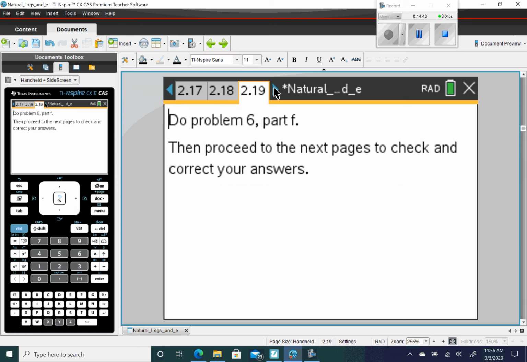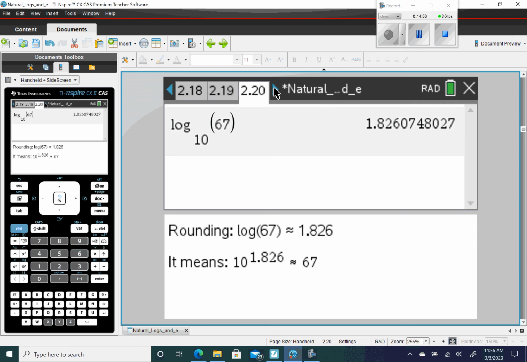Pause the video, go ahead and do number 6, part F. Make sure you're filling out this part too on the handout.